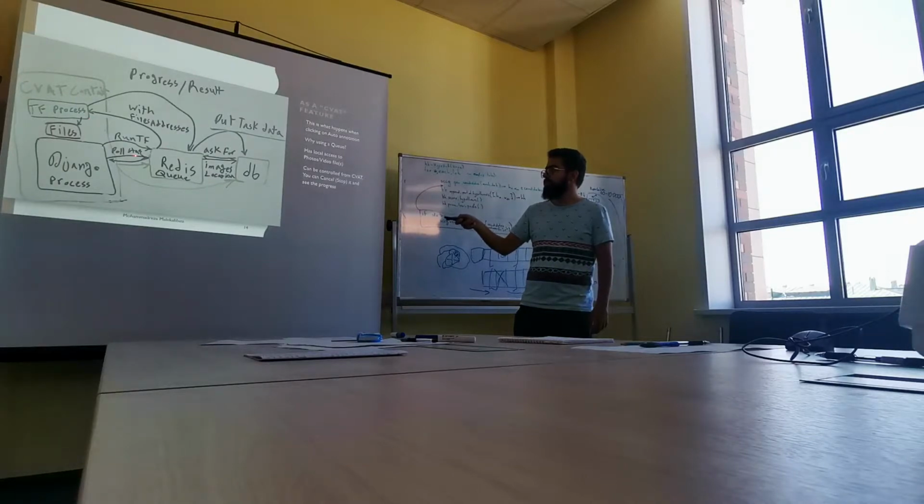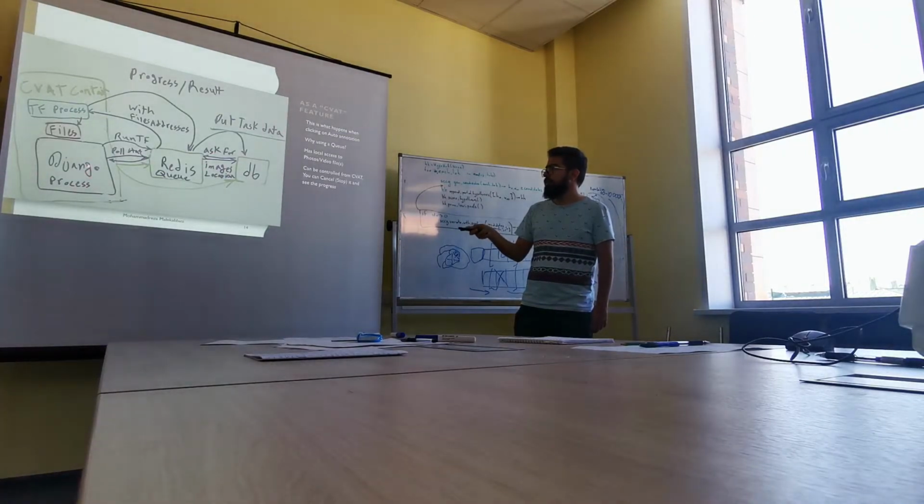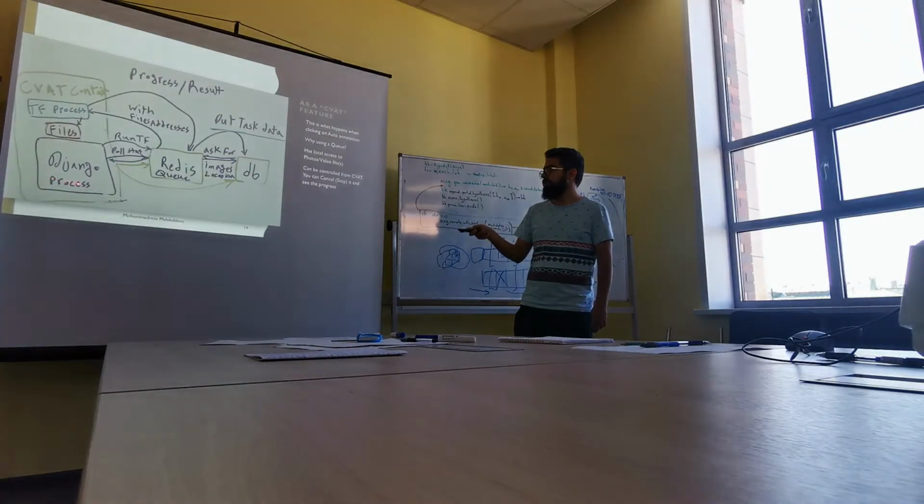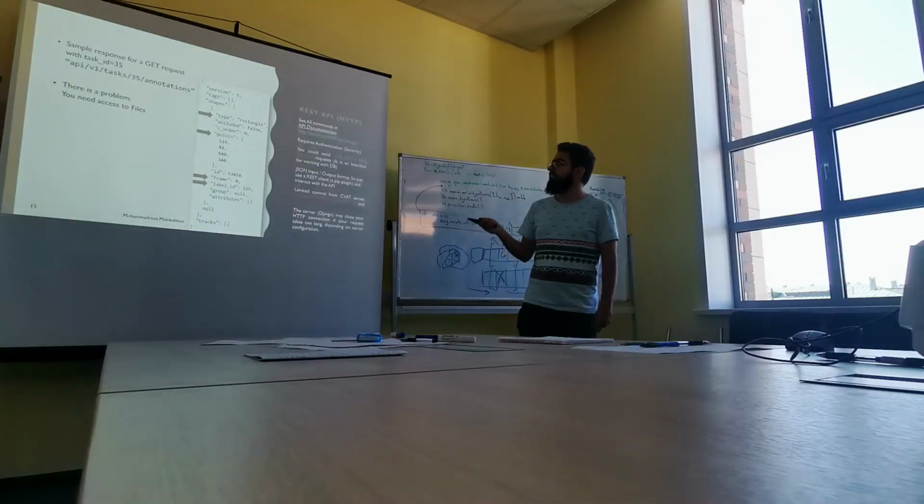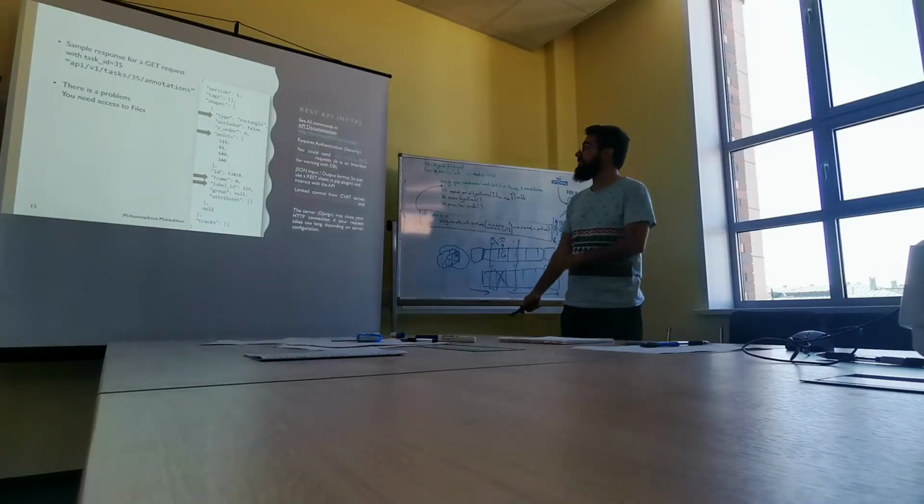It changes data inside, and Django polls Redis about the project. After that, it writes into the DB, and the Django process can get the new values, the new annotations, by asking the database.